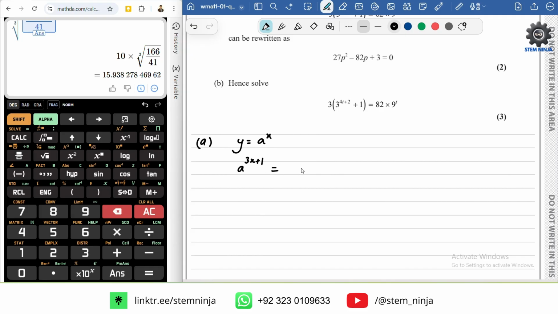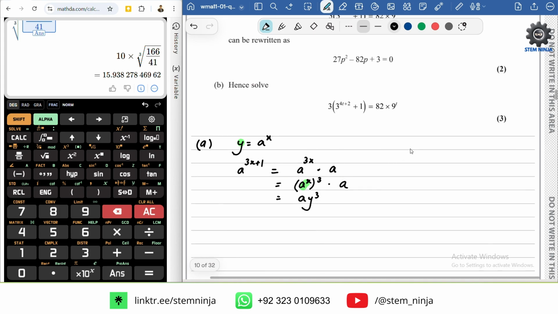If you split it, this is a raised to power 3x times a, which is further a raised to power x, cubed, times a. Right, a raised to power x is y, so this is a y cubed. That's simple.